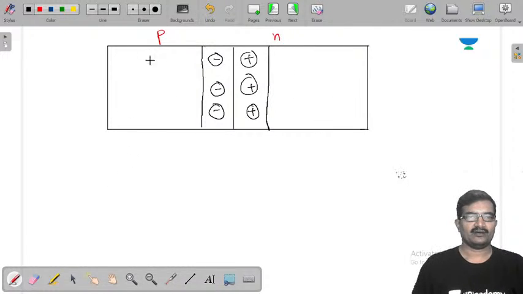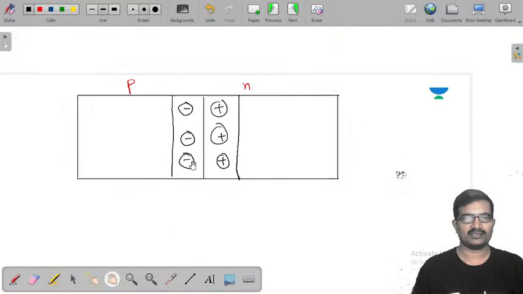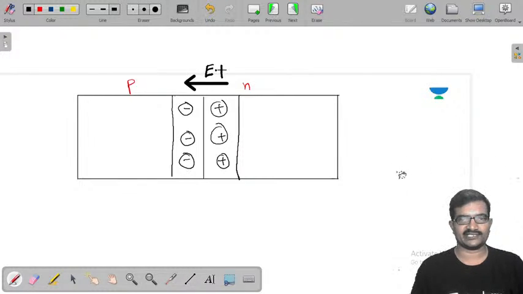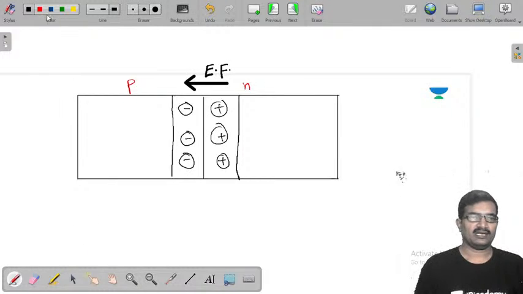Now we observed here that an electric field is directed at the junction from N region to P region. The electric field has taken place at the junction, and before the electric field there is a drift movement; we have I drift and I diffusion.